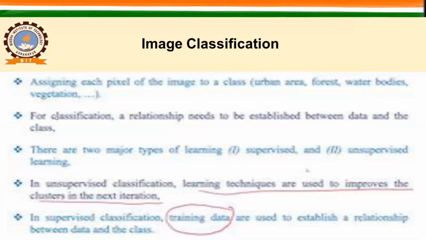So here we need to establish the relationship between the digital number and the classes, and the relationship will be used to classify or to assign each pixel of the image to a class. So right, this is what in the second point I have highlighted.